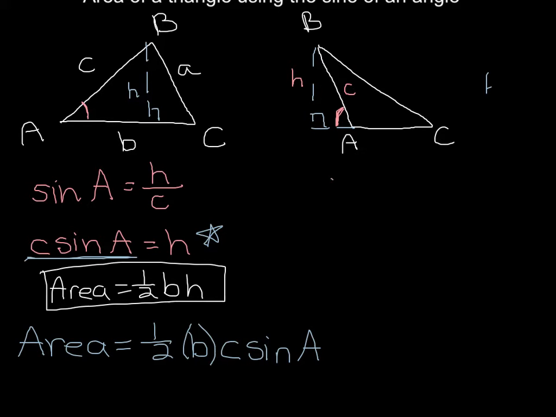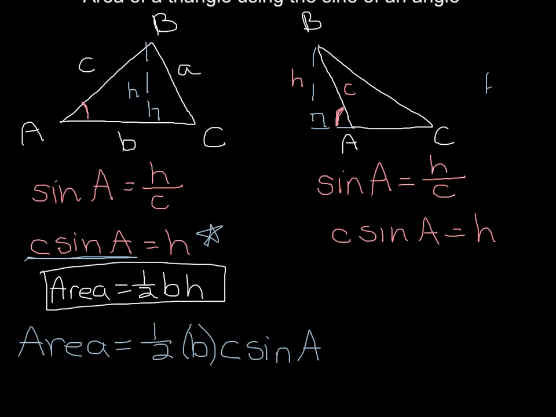You'll notice that the sine of angle A is equal to the opposite side, which is our height, divided by the hypotenuse, which in this case is side C. And so I find out that the height of our triangle, again, is C times the sine of angle A, and that'll be our height.